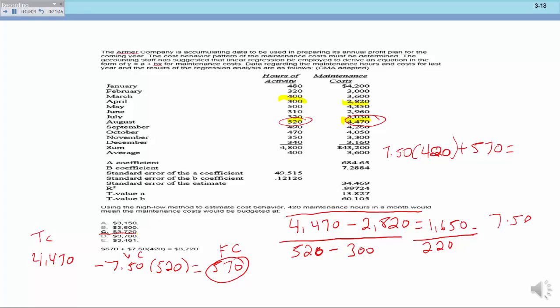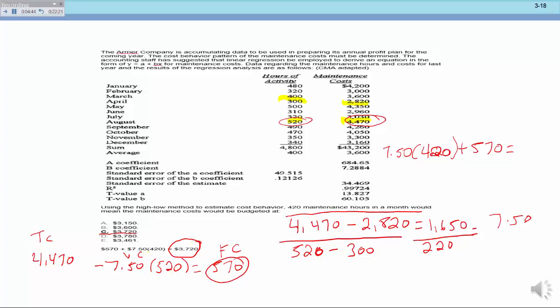Okay. Now, what's the predetermined manufacturing overhead rate? What would be this company's predetermined manufacturing overhead rate? We know what they're anticipating the total costs are going to be, right, at this level of activity. So what's the predetermined manufacturing overhead rate? Who wants to set that up for me? Right here, guys, look. My total cost is how much? 3720, right?